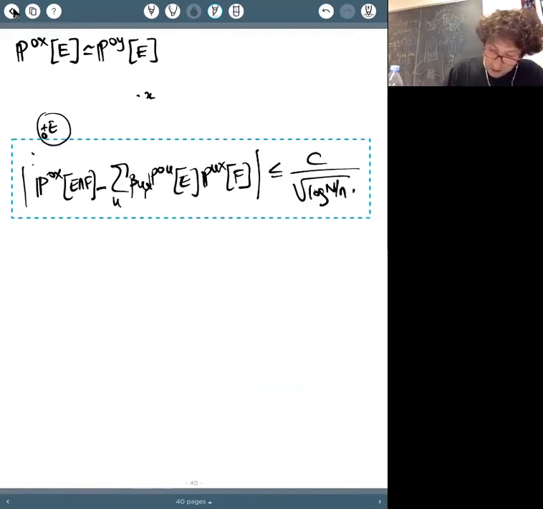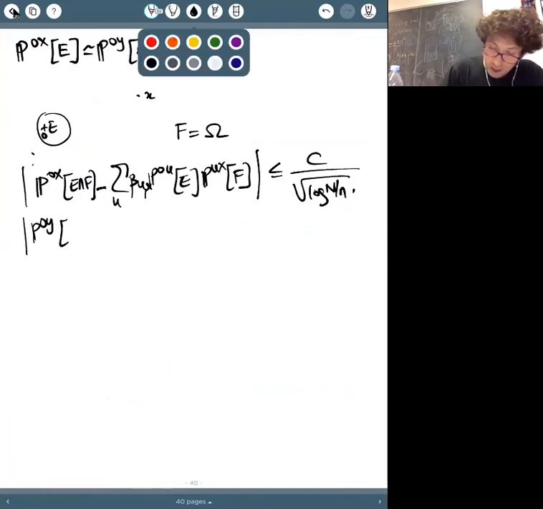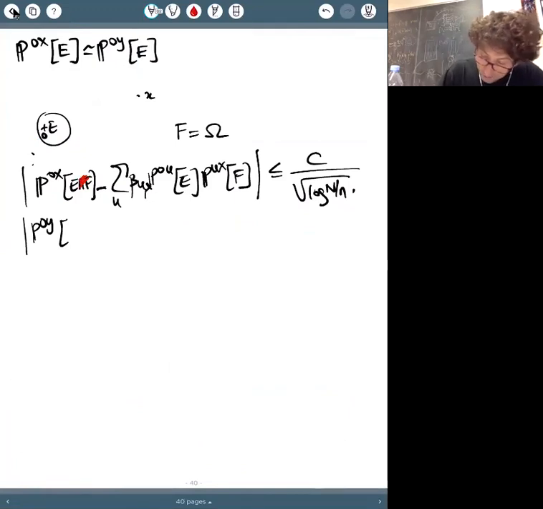I pick this and I apply it with f equals the full set. If f is equal to the full set, this is 1. And I can apply it for 0y, and I end up with this thing.